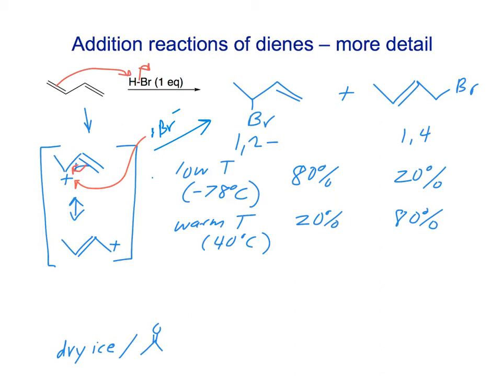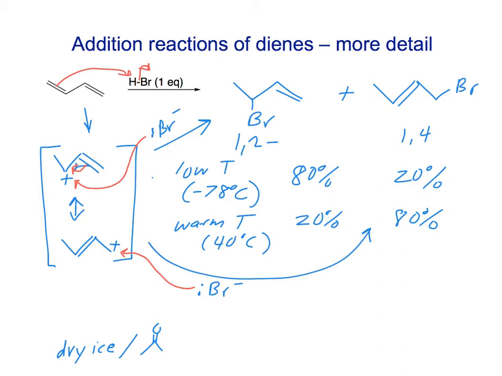So how do we get to the 1,4 addition product? The bromide comes into the other end of the allylic carbocation. So we can get to the other one, let's draw it over like this, by having this bromide come into the other end of the carbocation. That's how we get there.